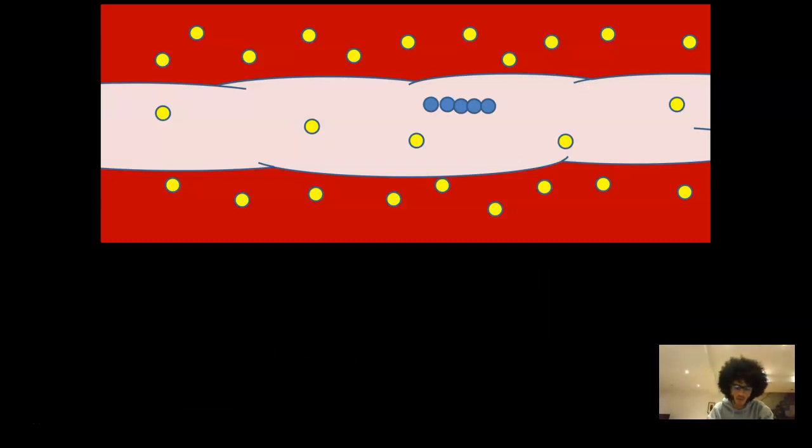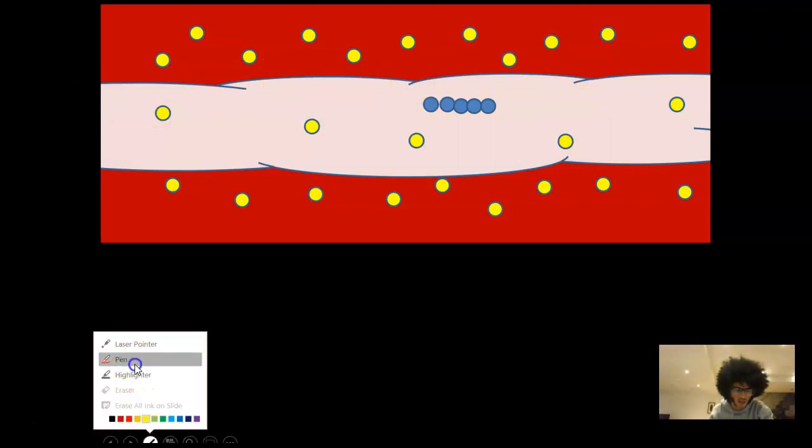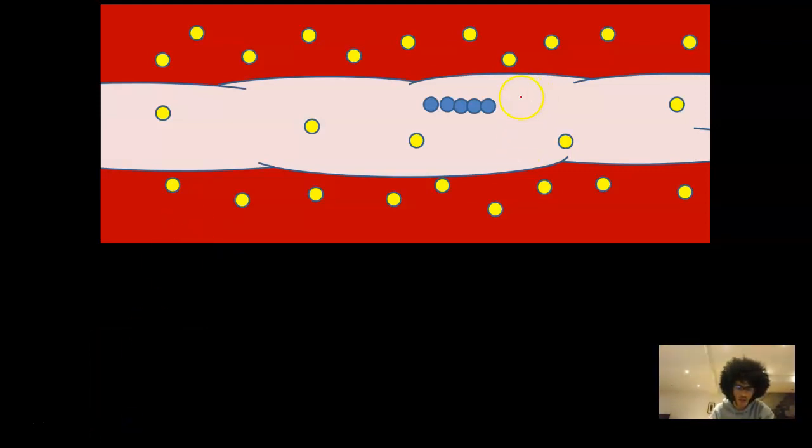Now, what I've shown you here is basically a stretch of the small intestine. That's the pink part here. So I'll change the ink color just to make it a bit clearer to see. This whole tube over here, this is your small intestine, okay? And then you've got two different types of things. These small yellow circles represent the smaller molecules, for example of glucose.